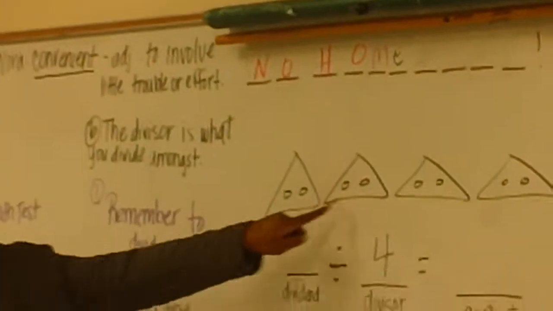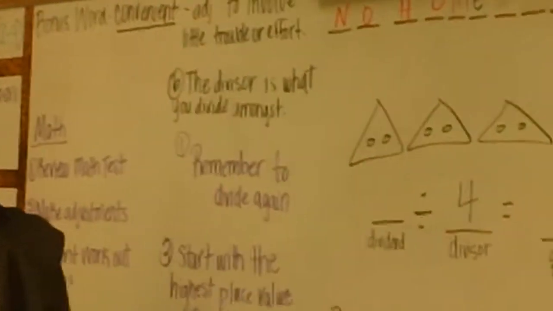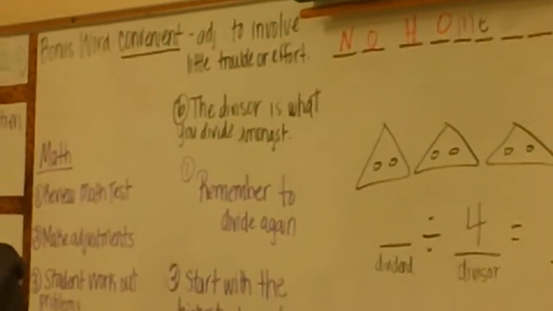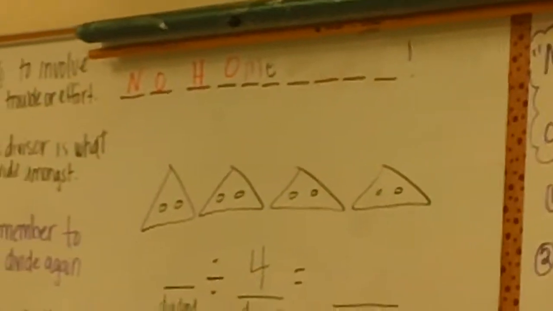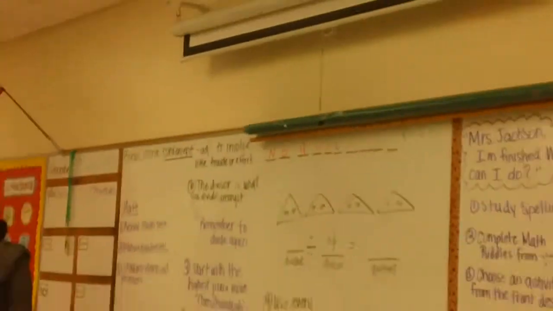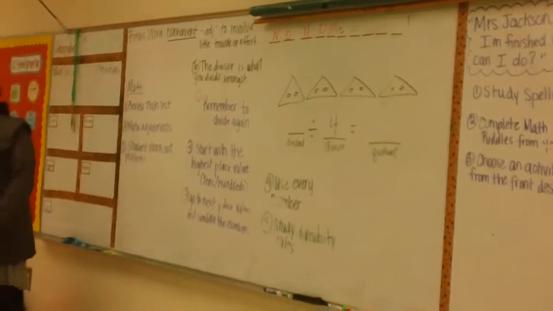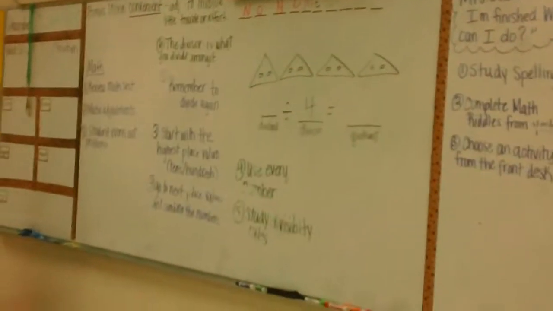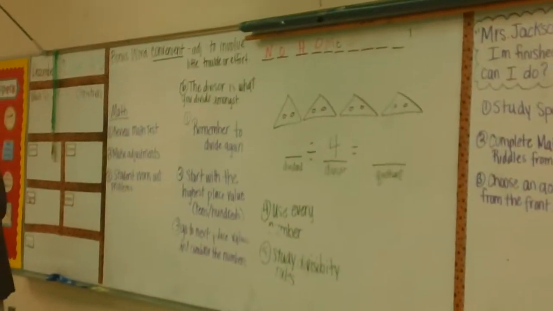So those are the 4 triangles, for example. Devin, what is my dividend? Almost, count them again. 8.